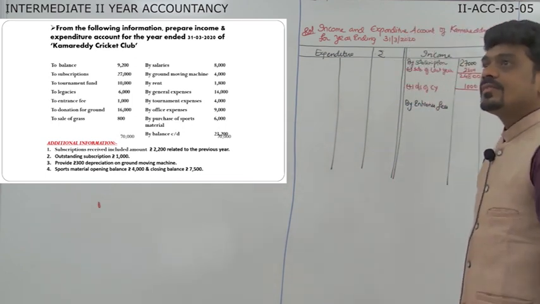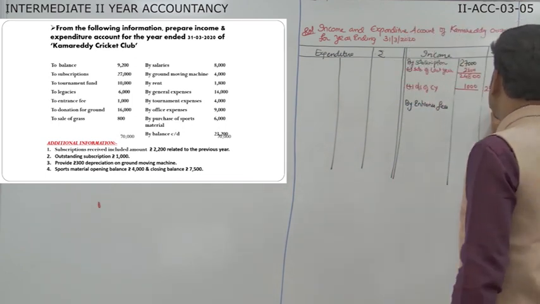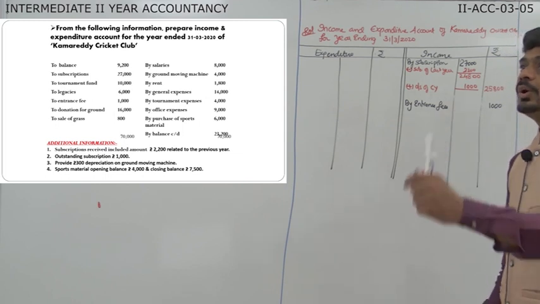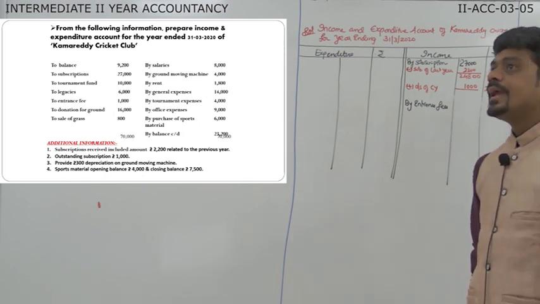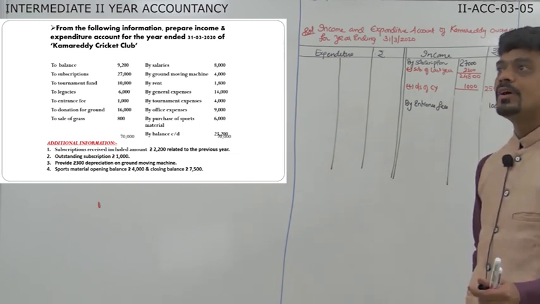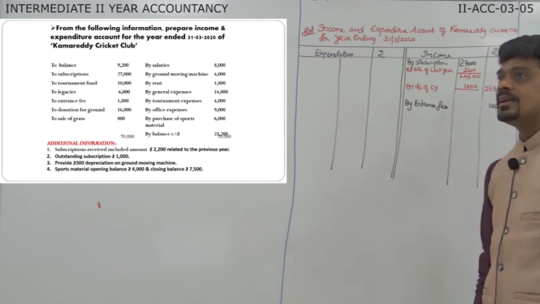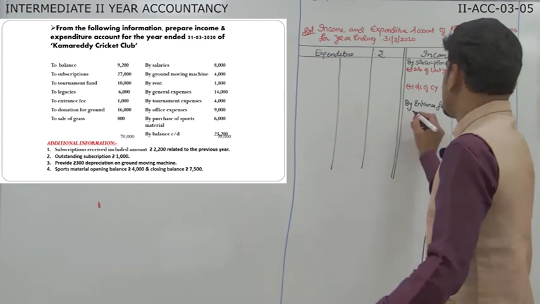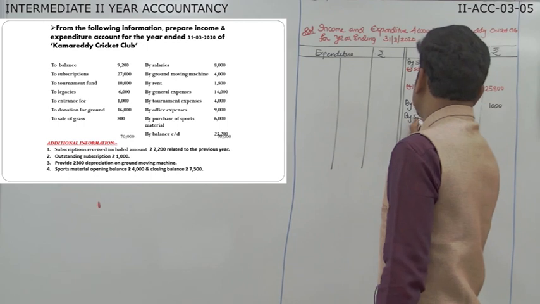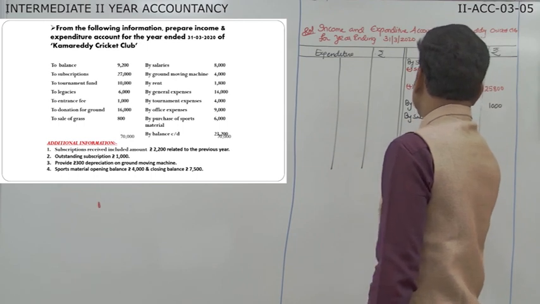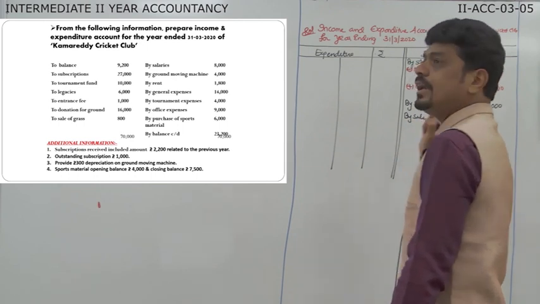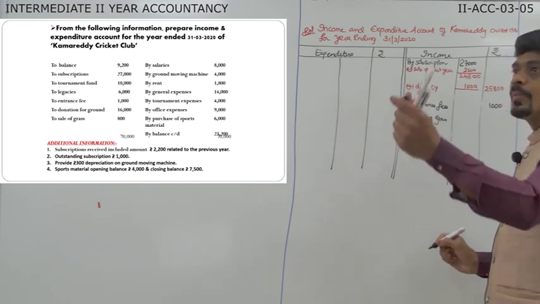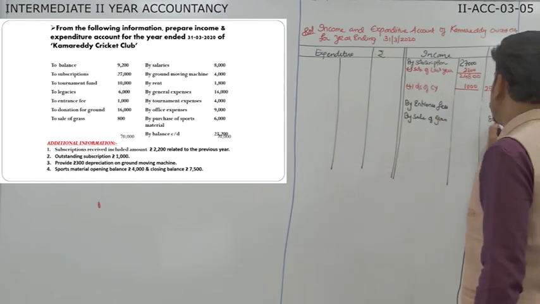Entrance fee 1,000. Then donation for ground. Again, specifically they told it is for ground, so it won't come as income. Sale of grass, income. It's not furniture, it is grass. Newspaper, grass, all are income. Sale of grass, amount is 800.